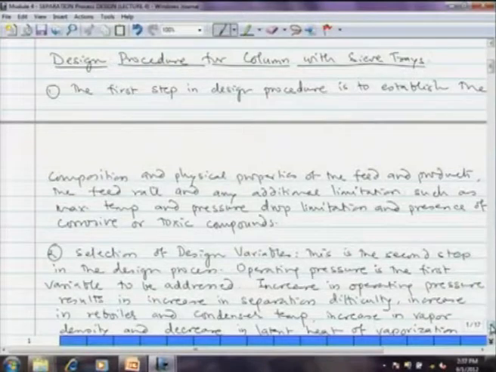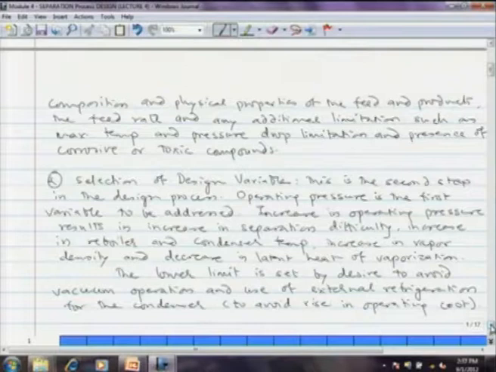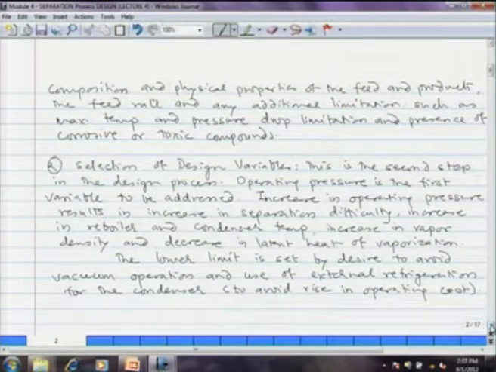The second step in the design of column with sieve trays is the selection of design variables. Operating pressure is the first variable to be addressed. In the previous lecture, I showed you some aspects of design of distillation columns in which operating pressure variation can give flexibility in terms of energy integration, such as thermally coupled columns.